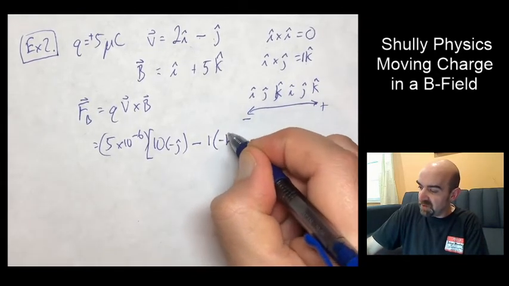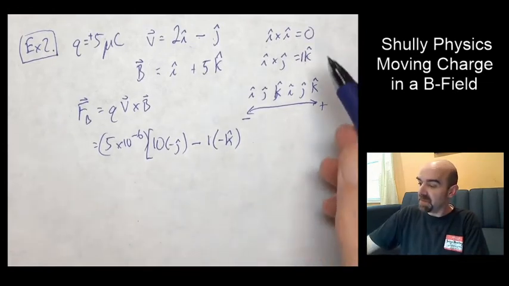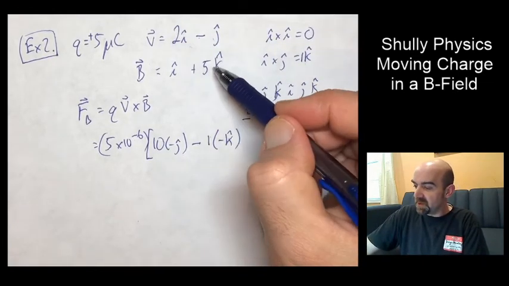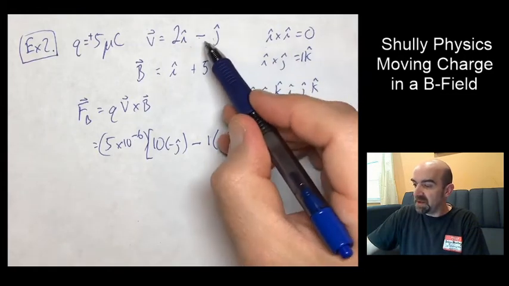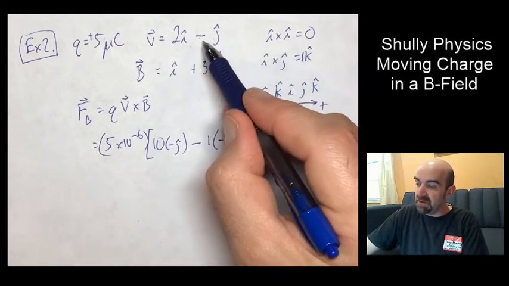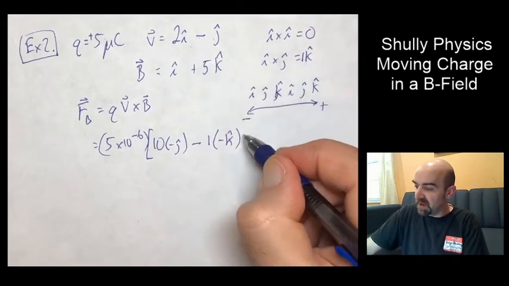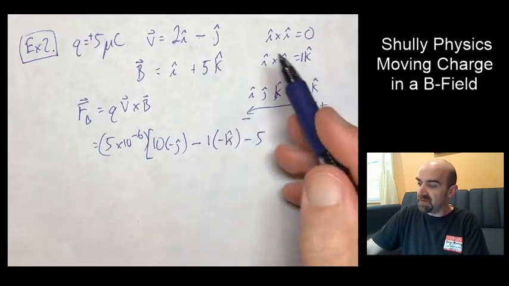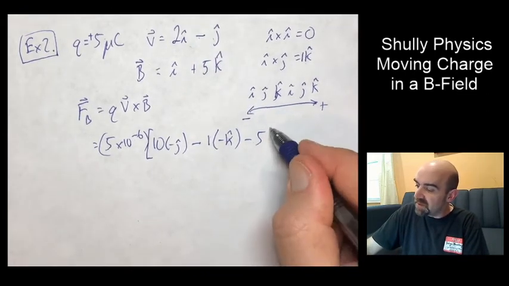So I would have a negative k there. You see how that negative and the negative are going to cancel out. Now I do negative j cross 5k. So negative 1 times 5 is a negative 5, and j cross k is positive i.